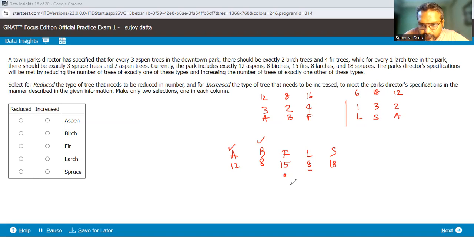This is, you have to reduce, you have to increase, and this is okay. All right. So this is the number you need to increase to make it 16. So F has to be increased. Okay. And you already have L at 6. L should be 6. You have 8. So you need to reduce. So L has to be reduced. All right. Let's mark the answers.